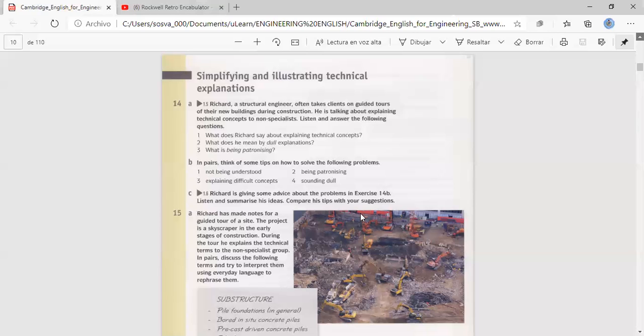Okay. So, in this part, we review the listening about Richard. And of course, he said some situations or problems that we might face when we explain something. So that's the aim of this topic, for you to get tips or ideas on how you can explain something that is technical in your area to someone who is not an engineer.